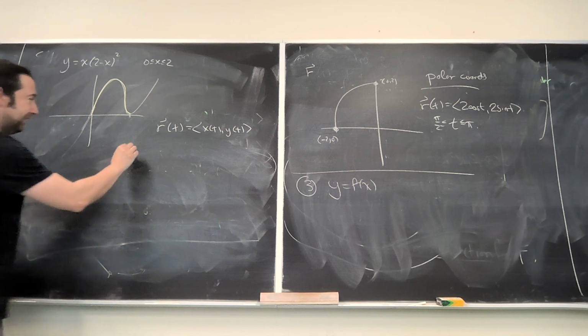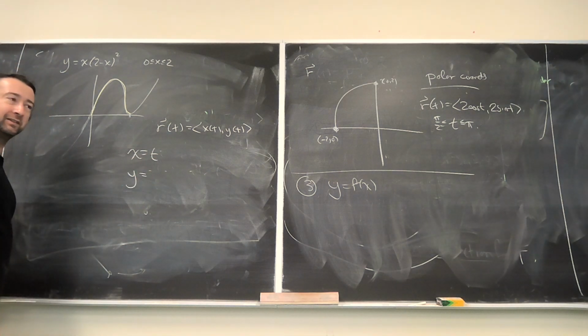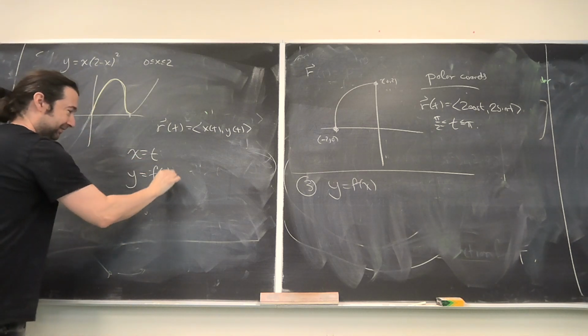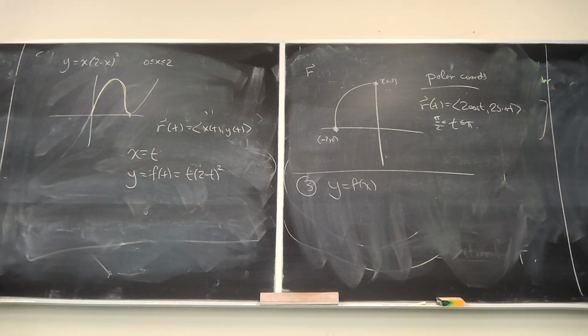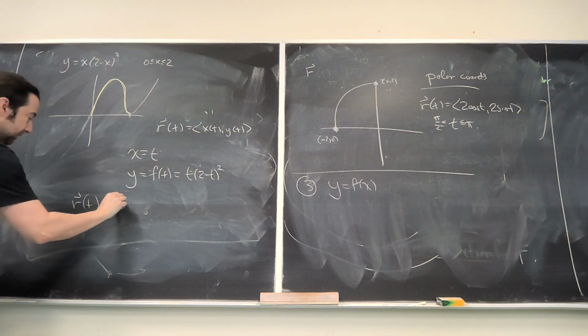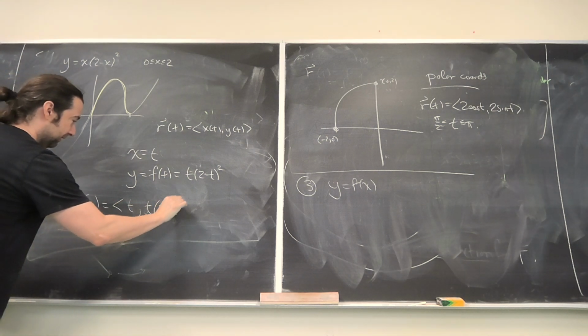Wow, that's pretty easy. x is t, and then what should y be? f of t. t times 2 minus t squared. That's the easiest of the parameterizations, right? Graphs are very easy functions. So in this case, r of t would be equal to (t, t times 2 minus t squared).